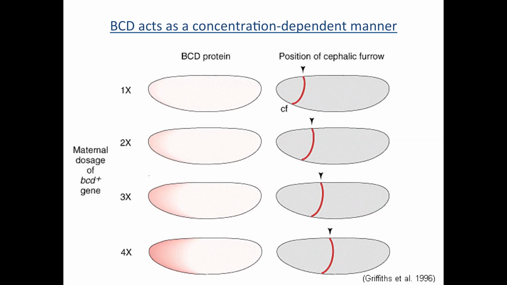This is one experiment that suggested this, and if you increase it more and more, you're pushing the furrow even further toward the posterior end. It doesn't mean that any amount of bicoid will do. It is about how much concentration I have as opposed to my adjoining neighbor, and then I decide where I should be. It's about reading your position with respect to the concentration of bicoid in your surrounding cells.